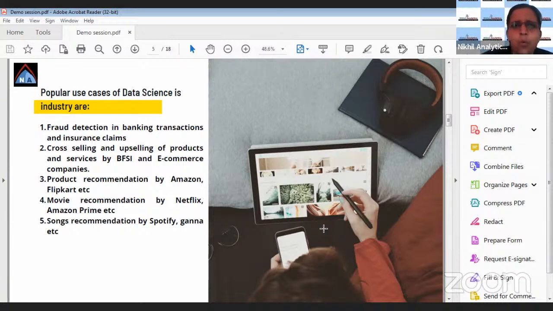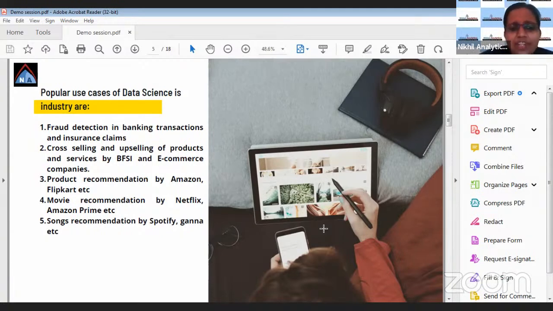This competition ran for 1 to 3 years, and they finally came up with an algorithm, popularly referred to as the Netflix recommendation algorithm, with which Netflix was able to get their revenues high by more than 80%. So 80% of the revenues, or let's say the customers, they were able to get via this recommendation algorithm. Similarly, other companies also started implementing such algorithms. Again, that is with the help of data science algorithms.